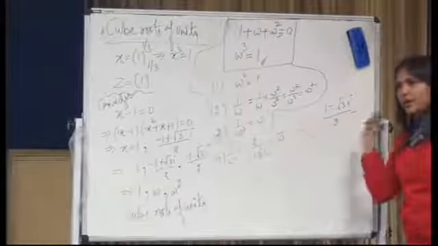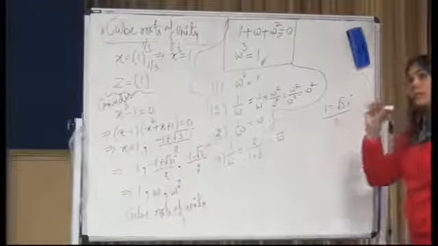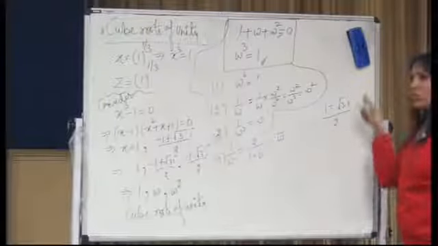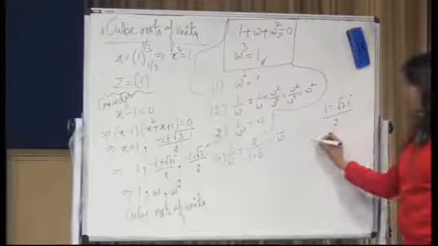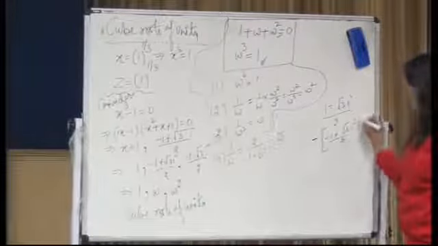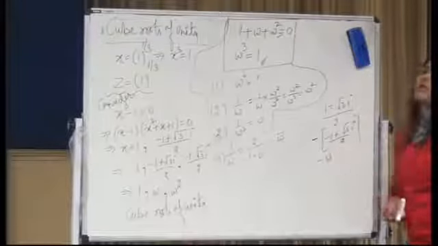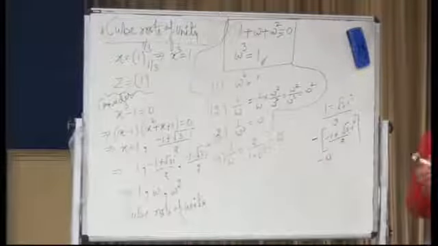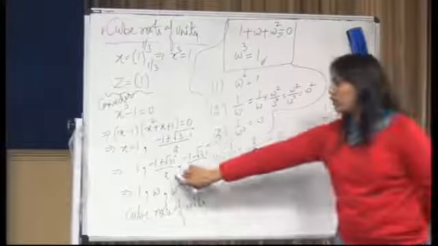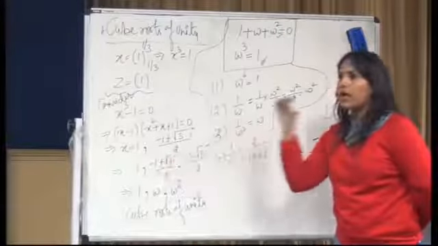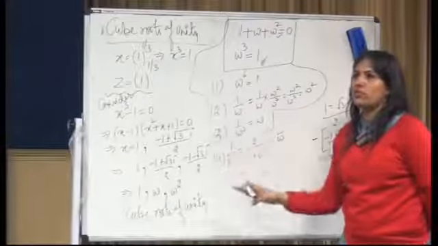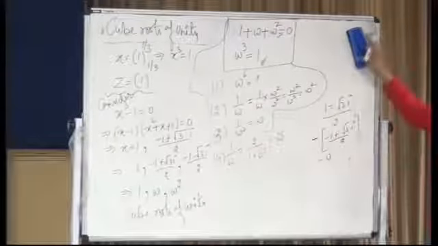But to make it omega, we have to take out minus common. So this is not omega, this is minus omega. Be careful. Omega is this one only. It's not that every term having 1 and under root 3 will be omega. We have fixed this value. Is it okay?